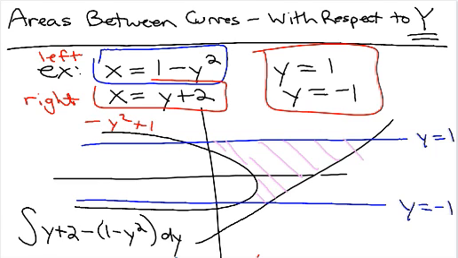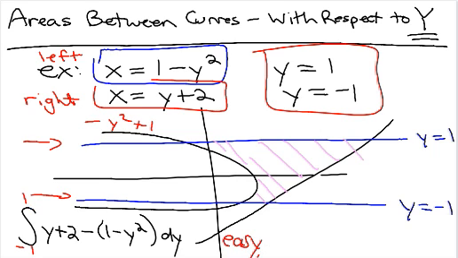My limits of integration are here and here, so negative 1 to 1. Your limits of integration are the bottom and top y values instead of the left and right x values. Once you get that set up, everything is the same. We integrate the same way. We should be able to do this fairly easily from here.